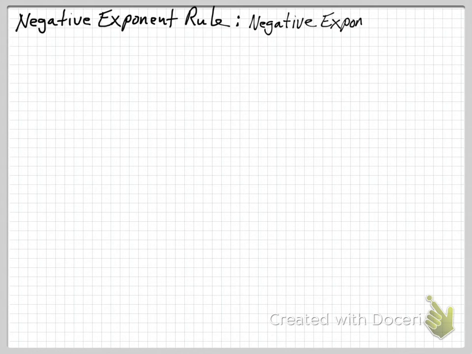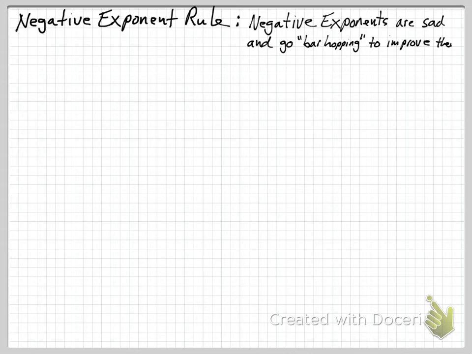A negative exponent is actually telling you to take a reciprocal, meaning I take my numerator and switch it with my denominator, or vice versa. I know some of the algebra teachers like to call it bar hopping, to change your attitude. And the bar hopping is just that division, that quotient line in a fraction.